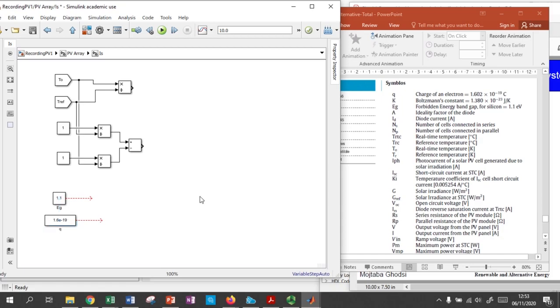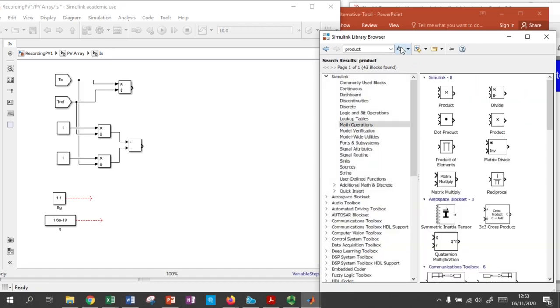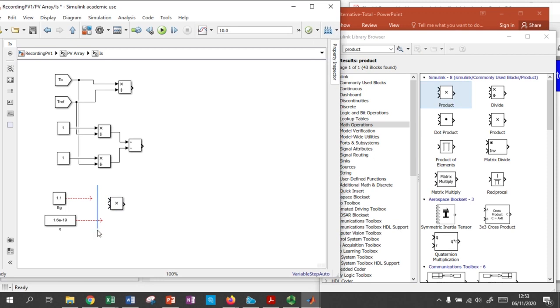What else do we need? We need a multiply. Then we need a product. Yes, it's here. We can find it here. This is the 0, and this one is here, and this one is here.